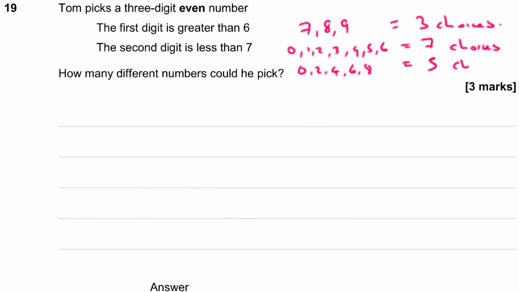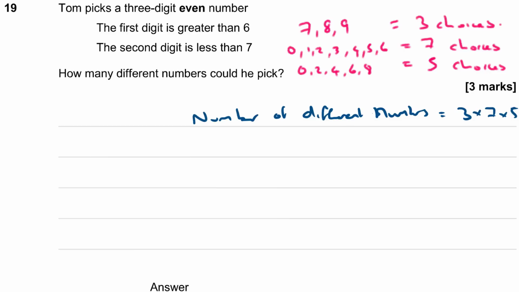So that's 5 choices. So the number of different numbers he can pick is those 3 numbers multiplied together: 3 times 7 times 5. It's 105 different numbers he can pick.